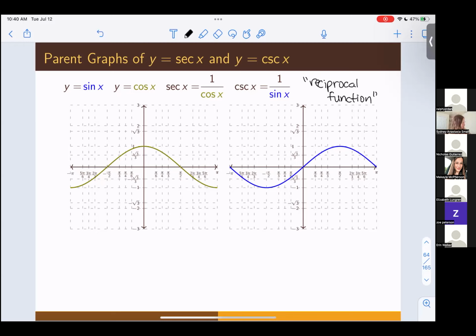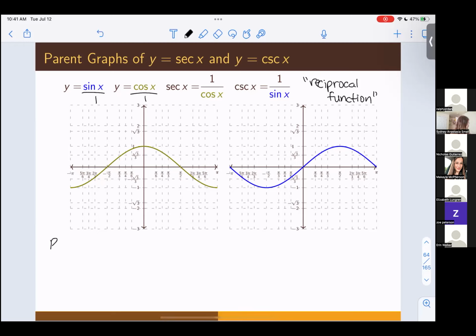So if we have sine x over 1, the reciprocal function of sine x is cosecant because it's 1 over sine. Y is cosine over 1. We can always imagine everything being divided by an invisible 1. Its reciprocal function would be secant because we're just flipping that fraction upside down.